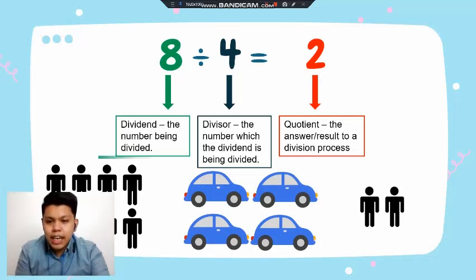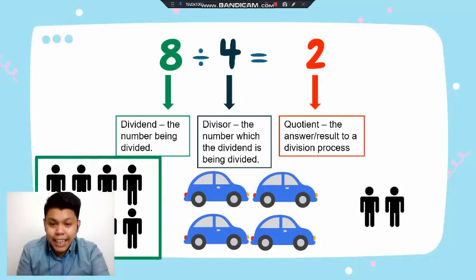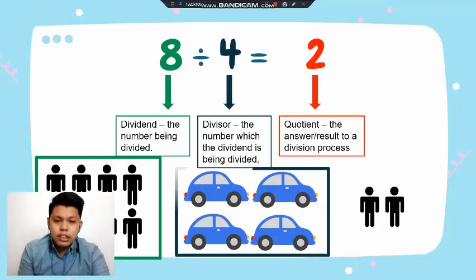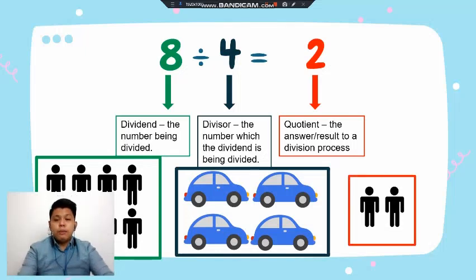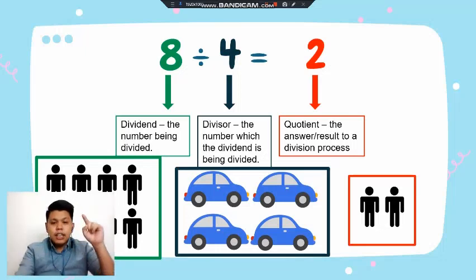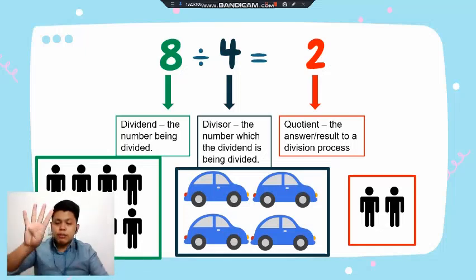So the 8 persons is our dividend, the 4 cars is our divisor, and the quotient is the 2 persons. Imagine putting 1 person at a time in each car until there is no person left. So 1, 2, 3, 4. Now they contain 1 person each, so there are 4 left.